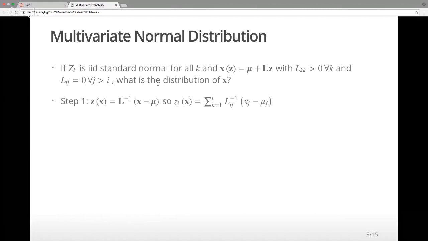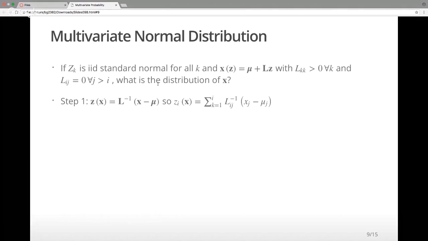So Z, written as a function of X, is the inverse of L multiplied by the difference between X and mu. Consequently, if we write this out in terms of scalars, the ith element of the vector Z, written as a function of X, is just going to be the vector product of the ith row of L inverse, multiplied by the column vector X. But because L is a lower triangular matrix, all its upper triangular elements are 0, and so we have 0 multiplied by a bunch of stuff.